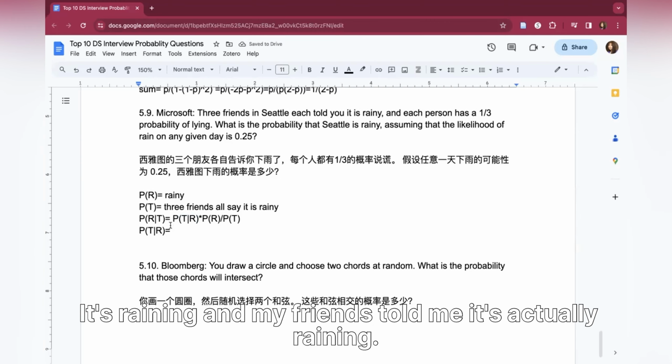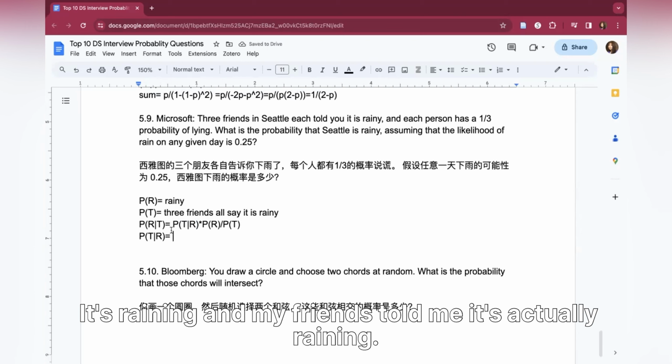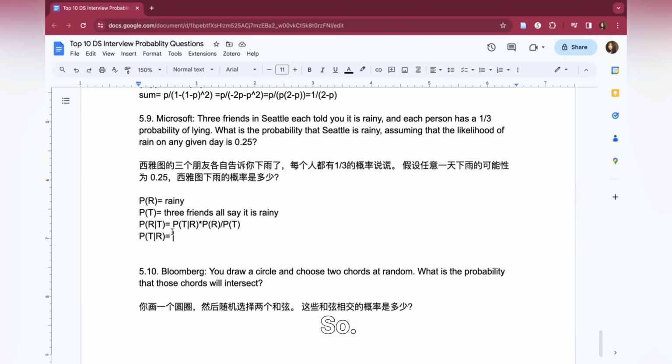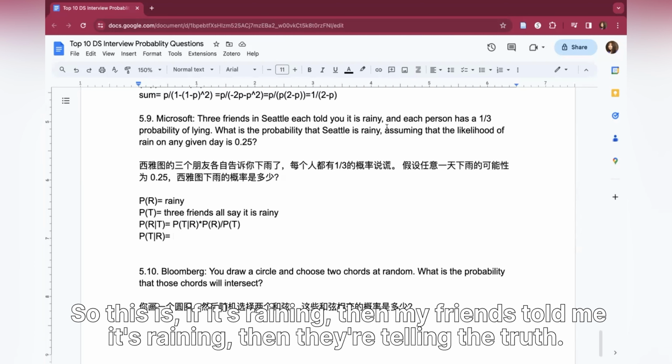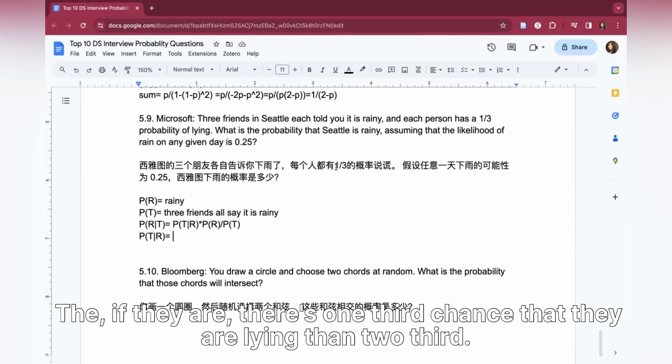It's raining, and three of my friends told me it's raining, so they are telling the truth.